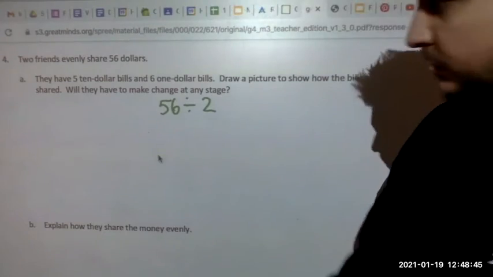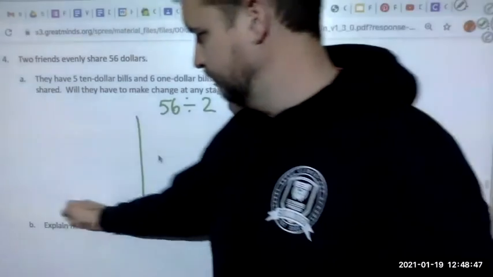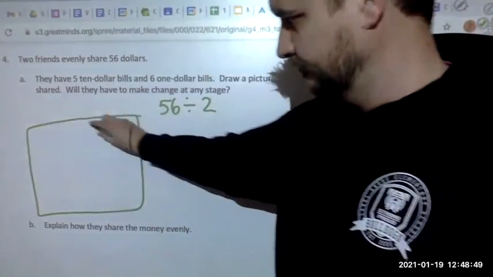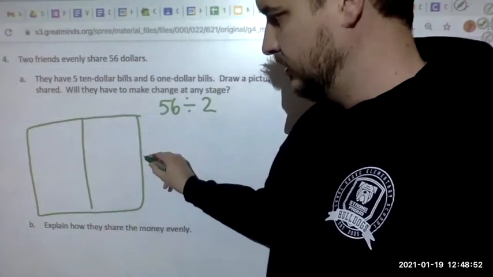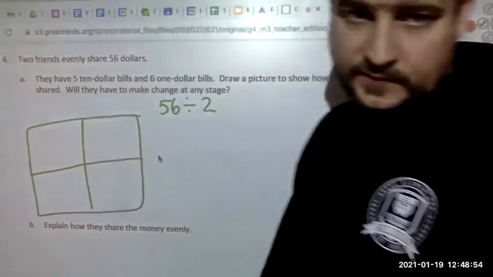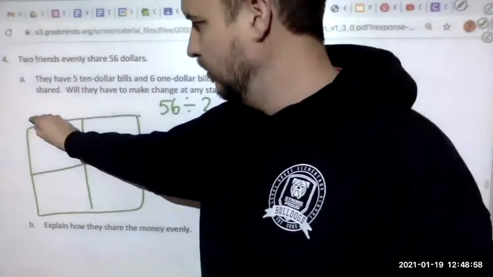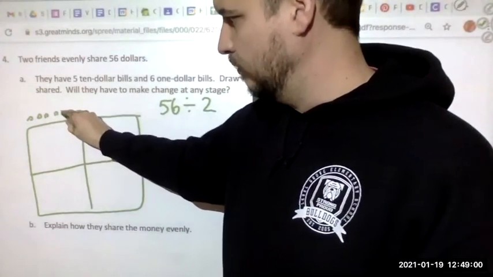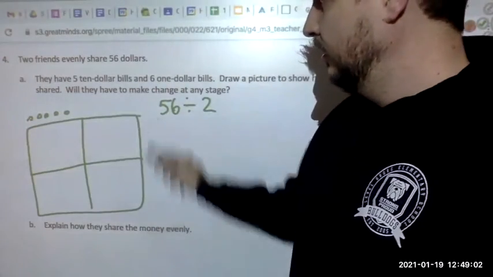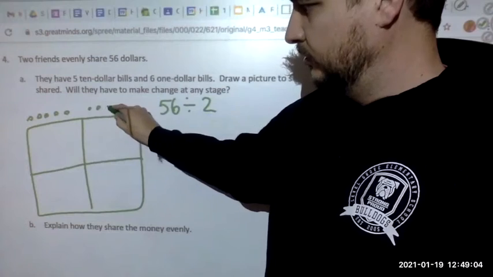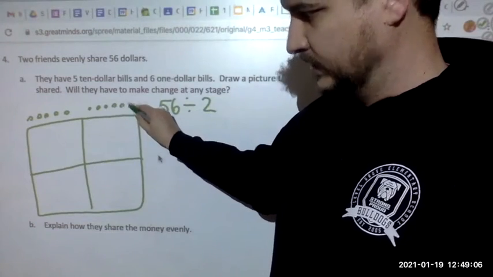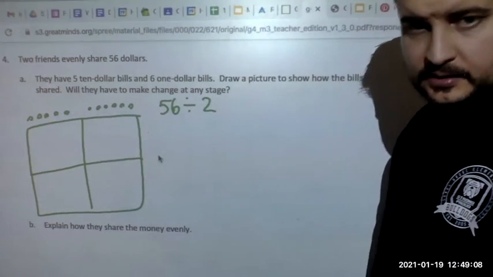Okay, so you're going to draw your model over here. We're going to split it into halves because we have 2 friends. It says they have 5 $10 bills. 1, 2, 3, 4, 5. 6 $1 bills. 1, 2, 3, 4, 5, 6. Okay.